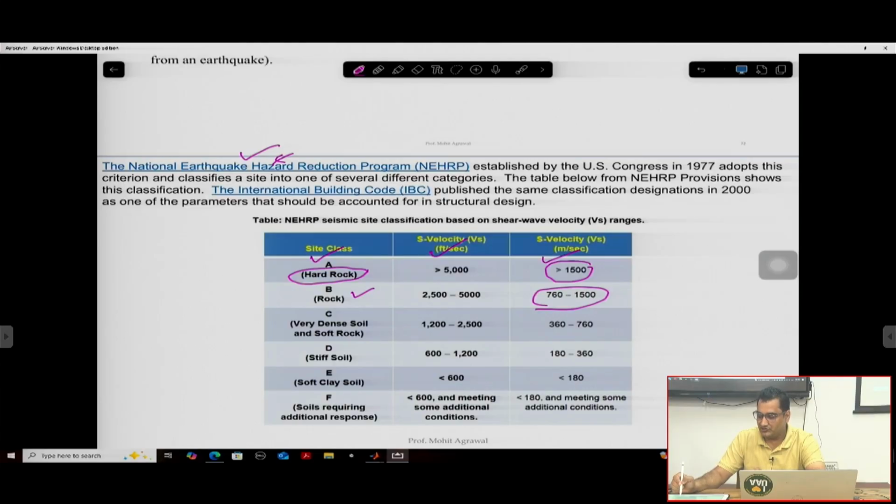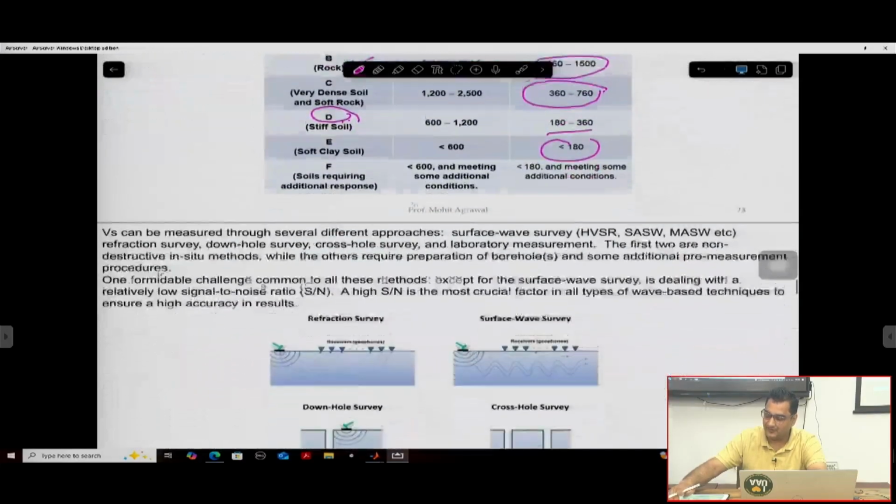Between 360 and 760, it is very dense soil or soft rock. If it is between 180 and 360 meters per second, then you classify it as site class D, being the stiff soil, and less than 180 it is soft clay or soil, and thereafter you have the site class F.